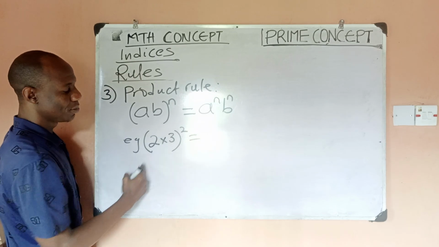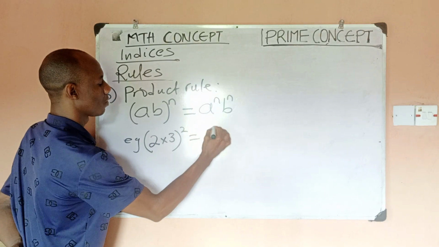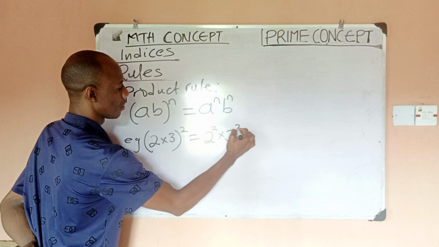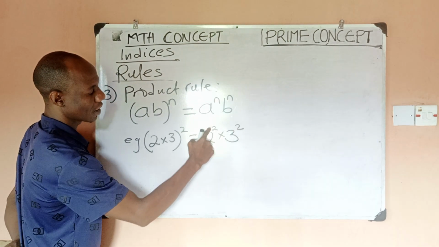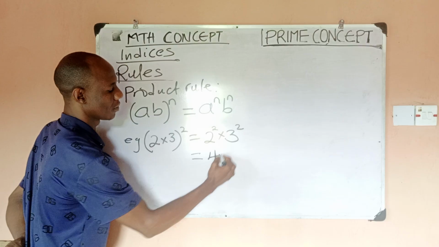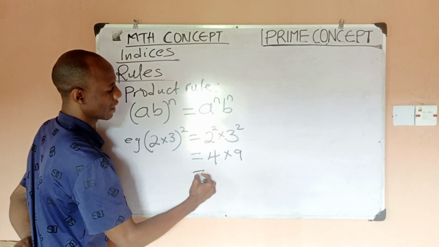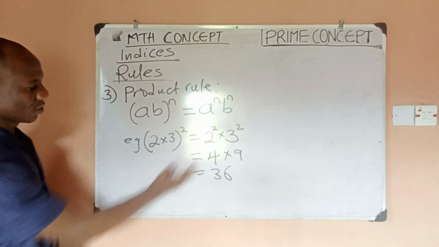Yes, I can distribute this power amongst them. So I would have 2 raised to power 2 times 3 raised to power 2. So that this would give me 2 raised to power 2 is what? 4 times 3 raised to power 2 is what? 9. So that when you multiply this, you have what? 36. Right? So you see it works.